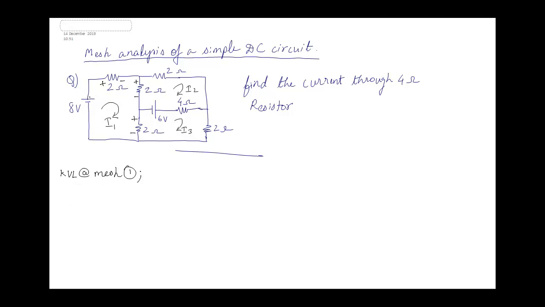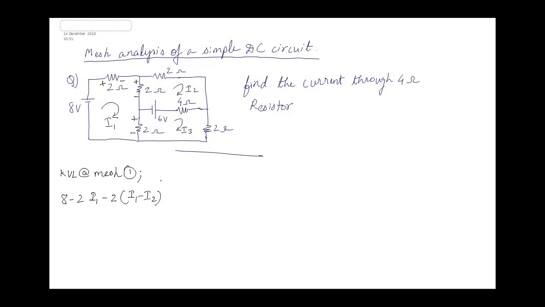If I am going to look at the front, then it is plus 8 volt, so plus 8. Then here minus 2 I1, then this one minus 2 I1 as well as I2, but I2 is flowing in the opposite direction, so I1 minus I2.